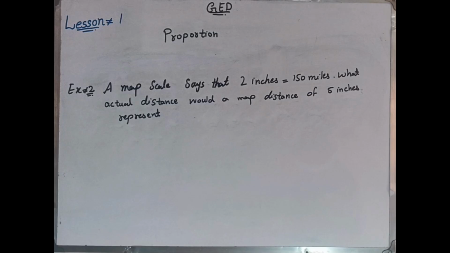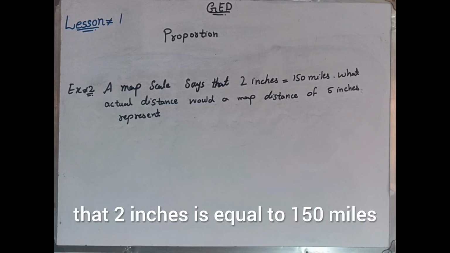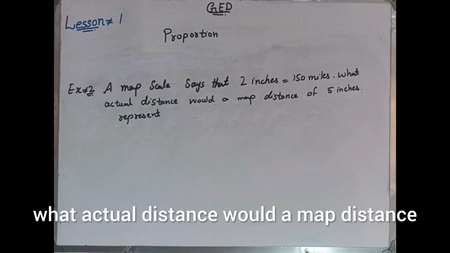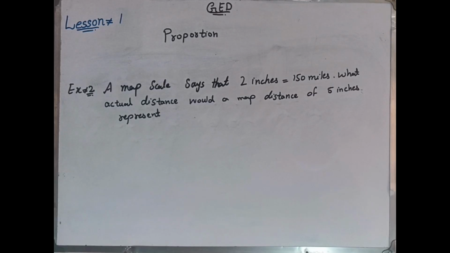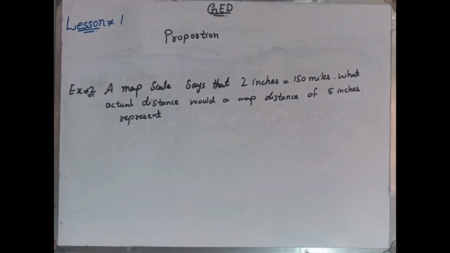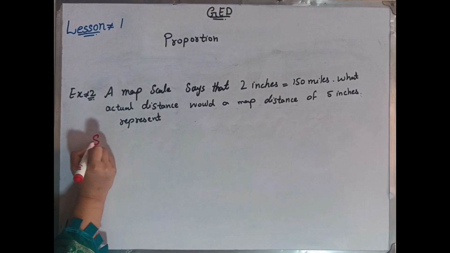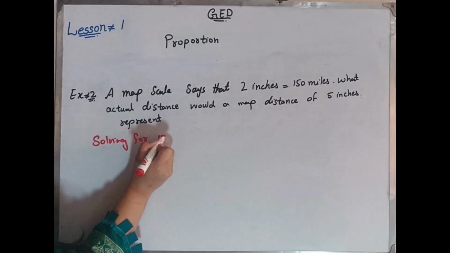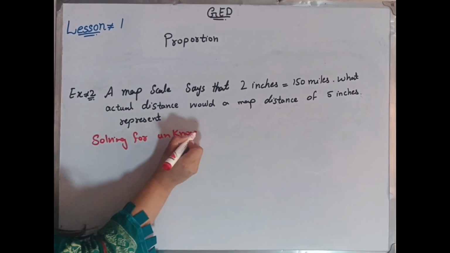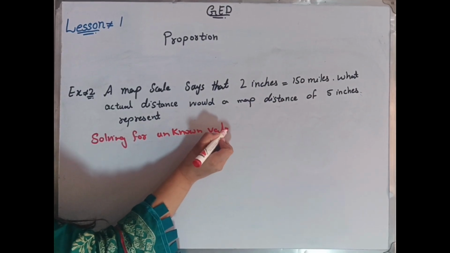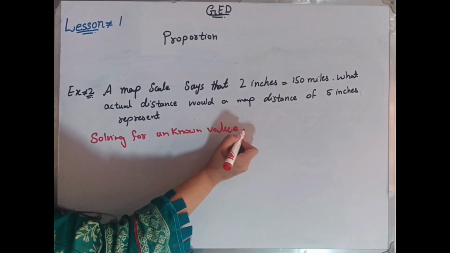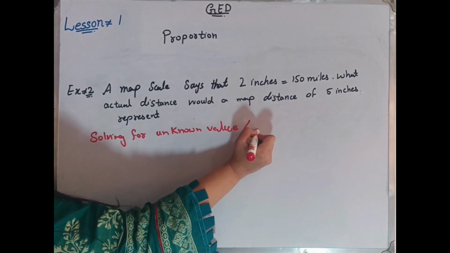This is example number 2. A map scale says that 2 inches is equal to 150 miles. What actual distance would a map distance of 5 inches represent? Now, you will solve this example, solving for the unknown value or missing term.